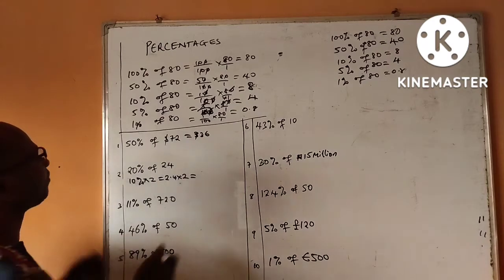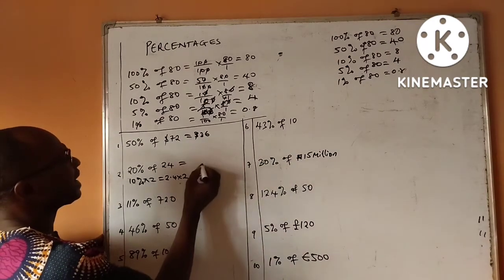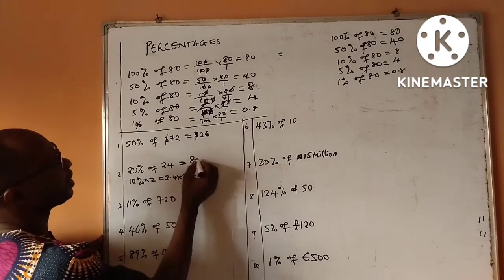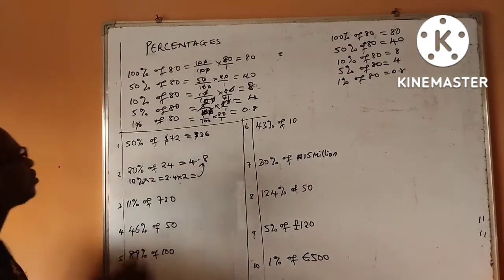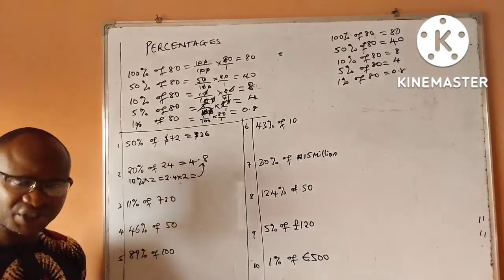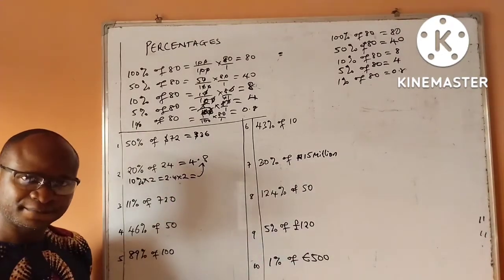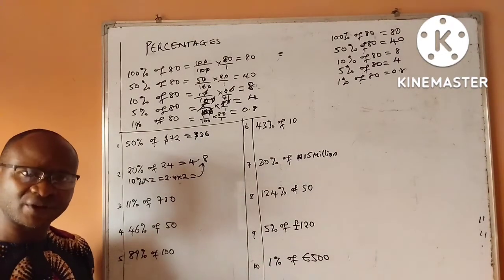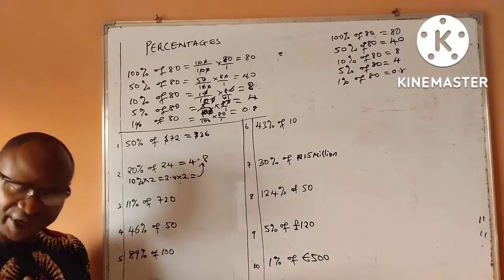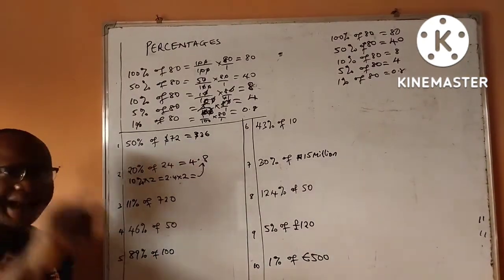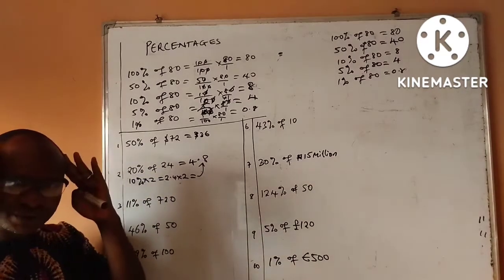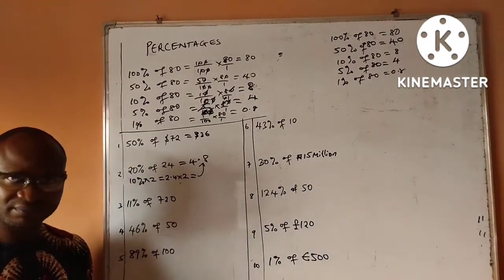And that is simply going to give me 4.8. So 20% of 24, I need no calculation. I don't need pen and paper. I don't need a calculator. I don't need phone calculator to get that. I simply divide that number by 10 and multiply my result by 2. So it is a mental calculation.